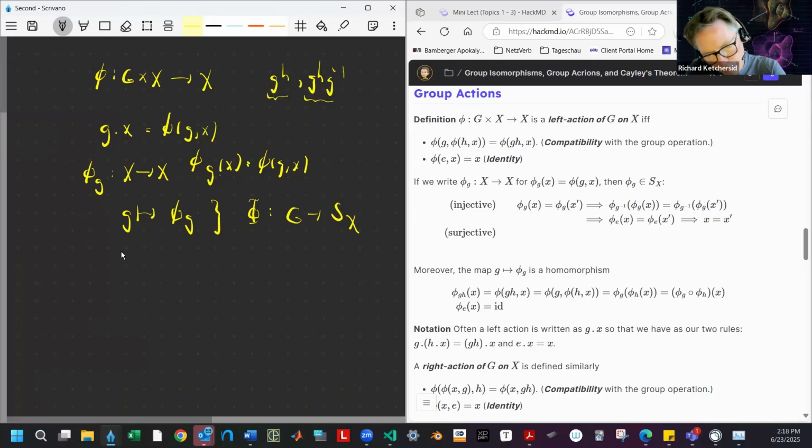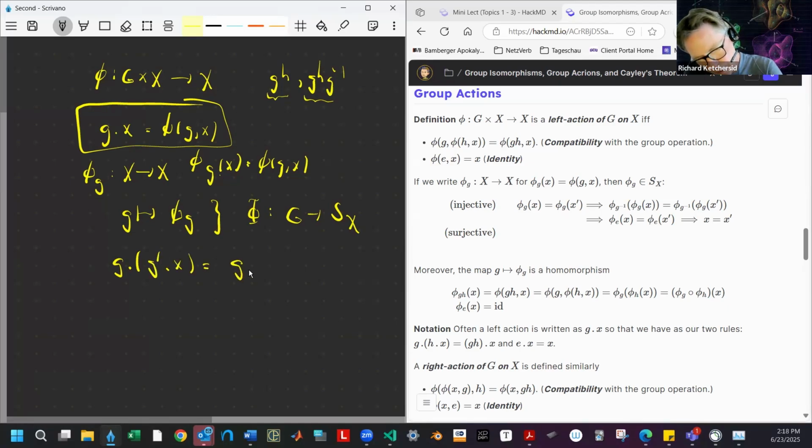Formally, using this notation, what I'm going to say is that if I do g acting on g prime acting on x, then this is actually g g prime acting on x. We're doing this for every x.